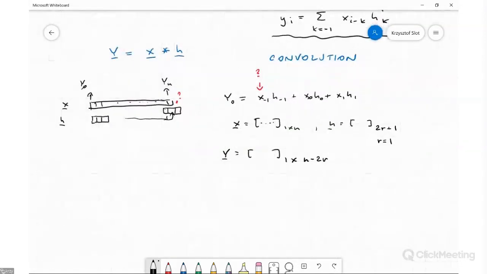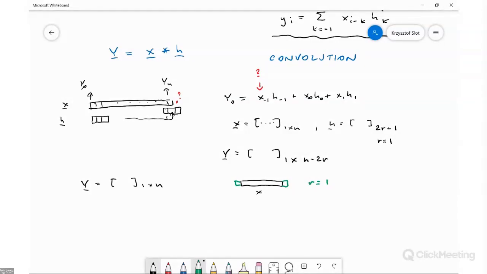But what I can do, if I would like the size of my output vector to be also 1 over n, is I could extend my x vector. For example, if my r equals 1, I can just add one dummy value at the beginning and at the end.